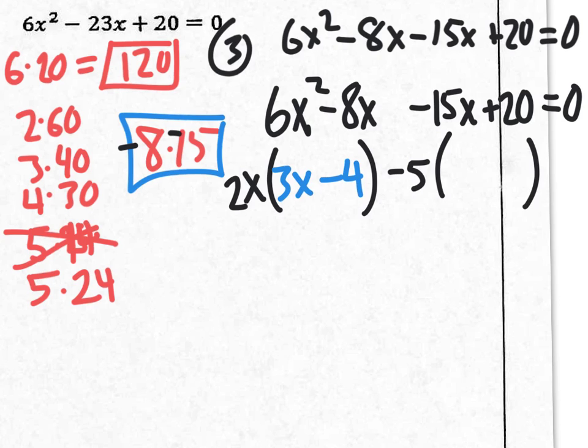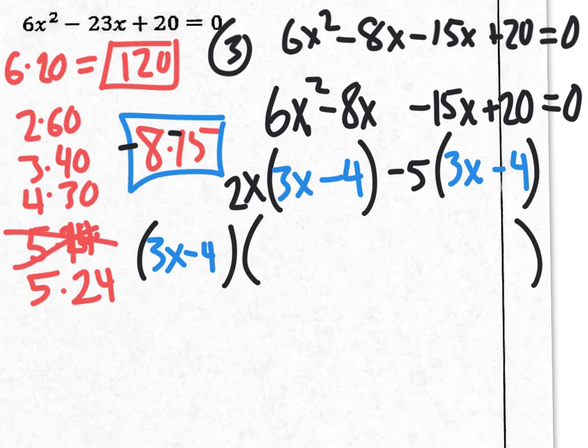Now, if you do pull out a negative 5, what's left over? A positive 3x and a minus 4, which is exactly the same as the other binomial in blue. That's what we want. We want the same binomial in the first group and the second group. So now we are able to factor out what's in common in both, which is that blue binomial. So I'm going to put that blue binomial right here, the 3x minus 4.